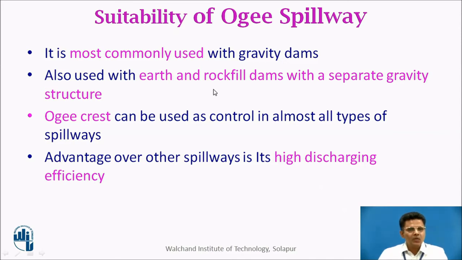So, in the overflow portion which is constructed in concrete or masonry, we can locate this Ogi spillway. Ogi crest can be used as a control weir in almost all types of spillways. It is due to its high hydraulic efficiency or high discharging efficiency.